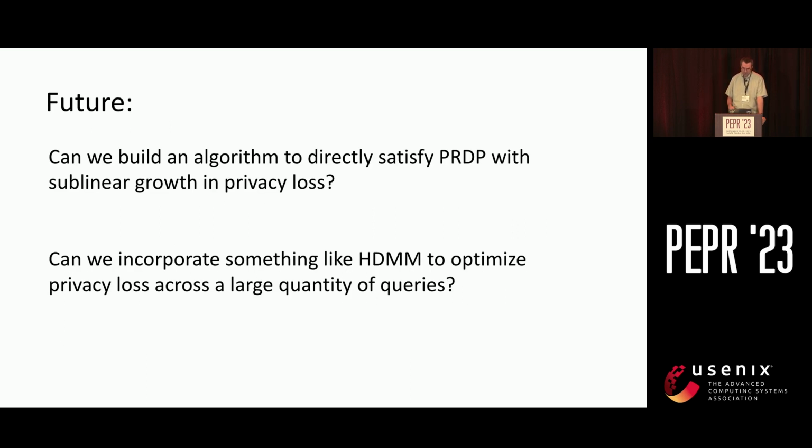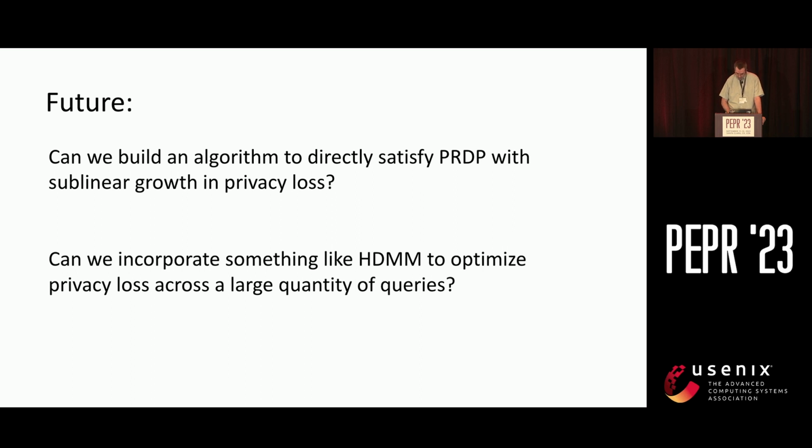Two of the questions that we're looking at for the future: first, whether we can build directly algorithms or mechanisms that satisfy this new notion of privacy, instead of our current method, which is more indirect, where we're falling back on a lot of properties of differential privacy. We'd like to see whether we can build a mechanism that has sublinear growth in privacy loss.